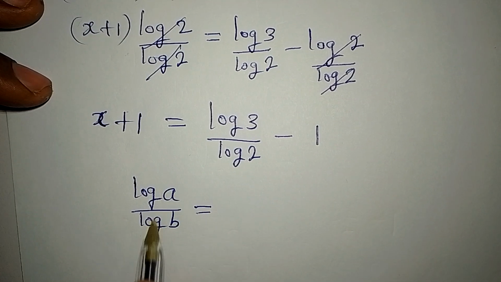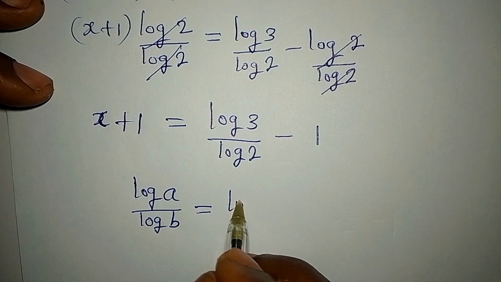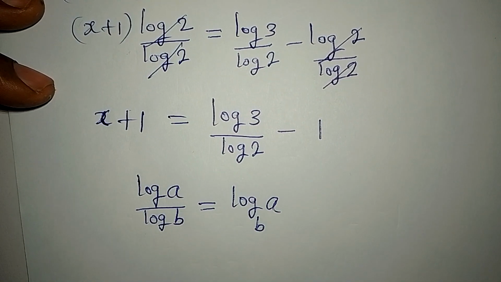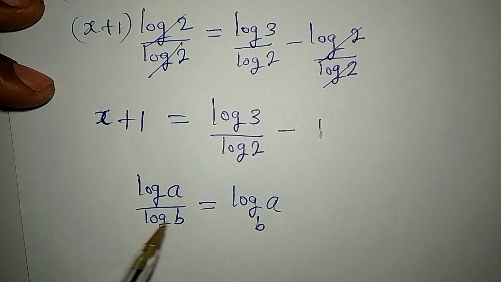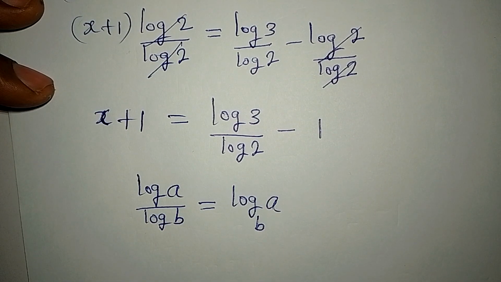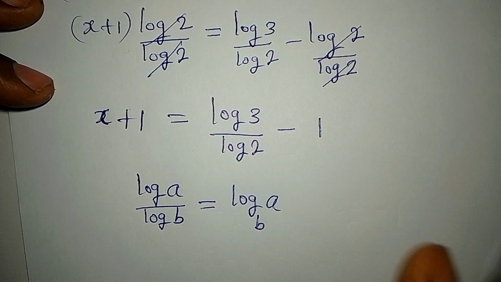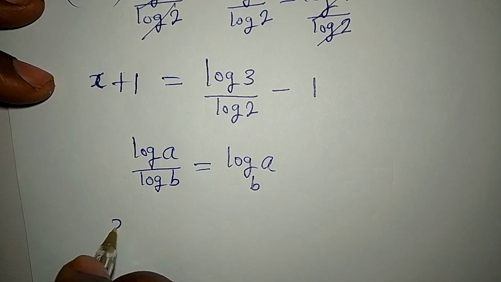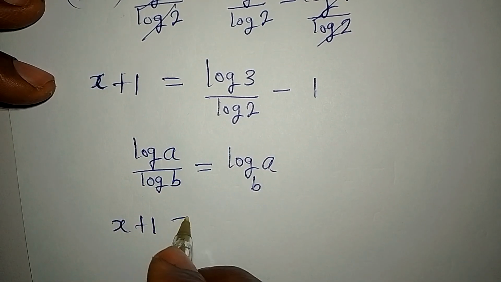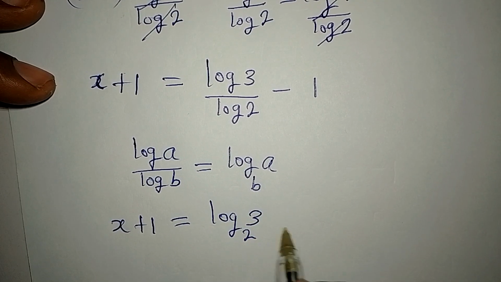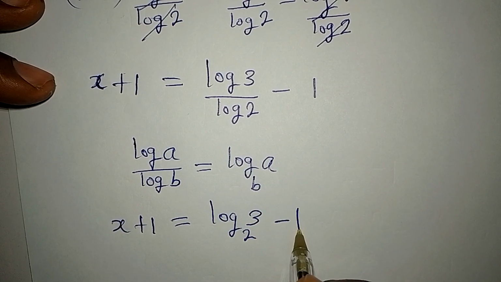Because both of them are in the same base, we can change the base and we will have log A to base B. So the denominator becomes the base. I'm going to apply the same thing to this middle term. So I have x plus 1 equal to log 3 to base 2, then minus 1.